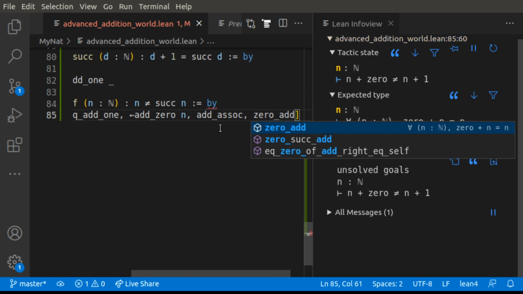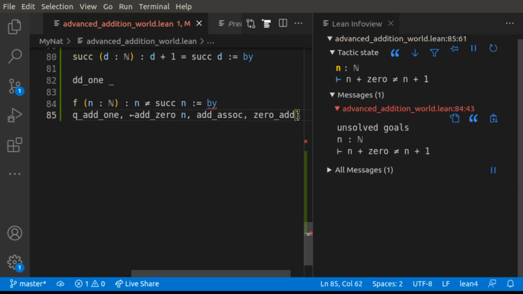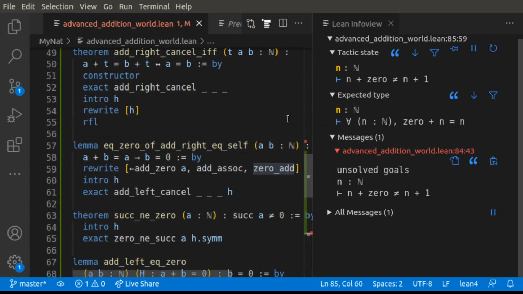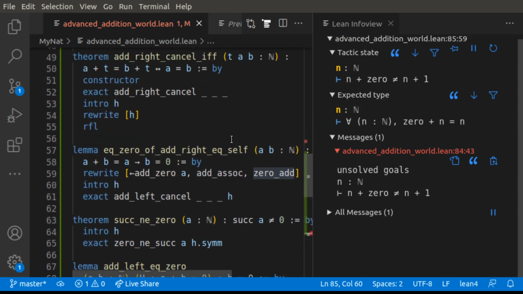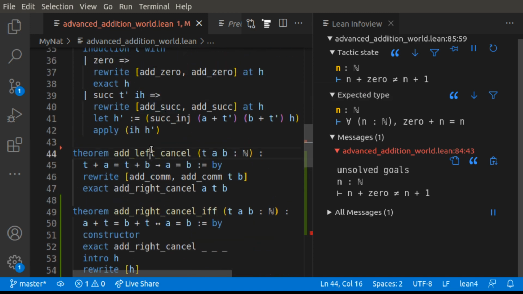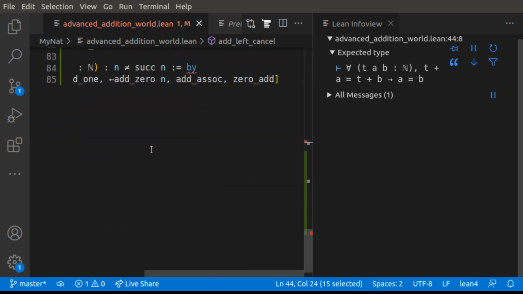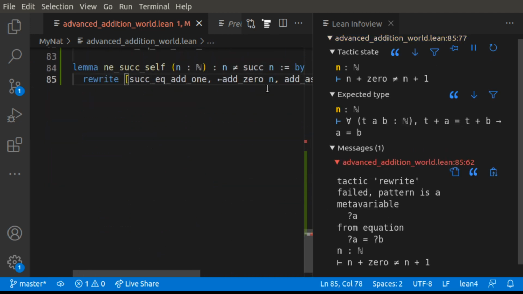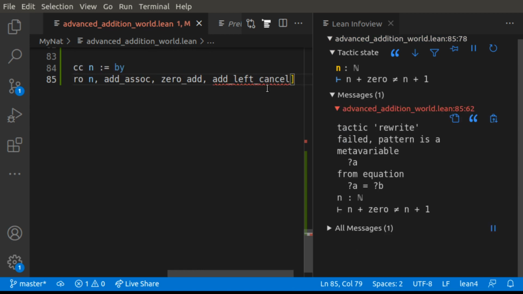Okay. And now can I, what's it? Left cancel, add left cancel. So left thing is both n. Okay, that didn't work.